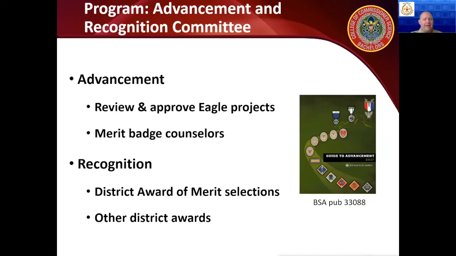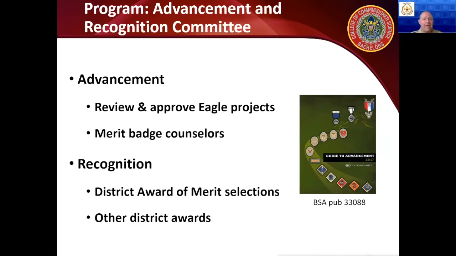Our final committee here is the Advancement and Recognition Committee. This committee sounds pretty straightforward, as it should, since it's mainly over the advancement that we provide the youth.